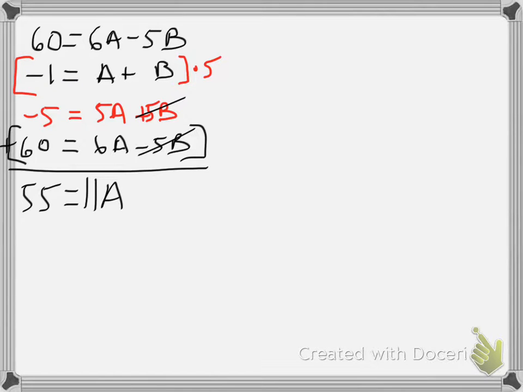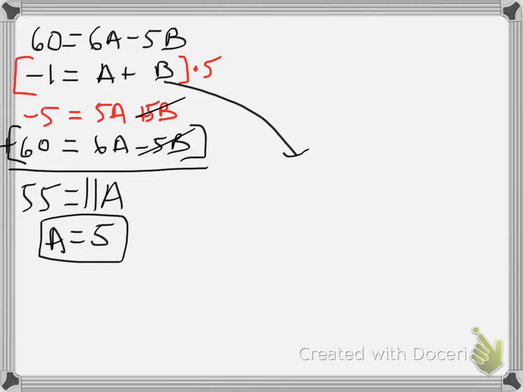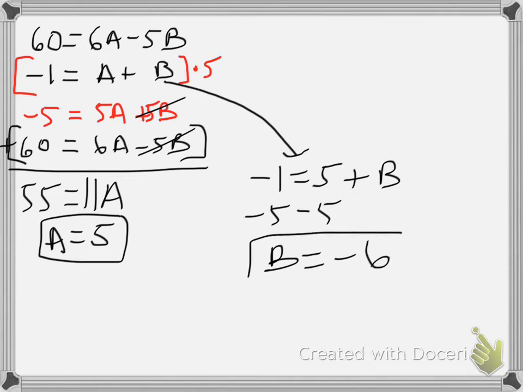So that means A equals 5. But let's use this equation here. If A equals 5, we got -1 equals 5 plus B. Then when you subtract 5 from both sides, you get B equals -6. So we have the problem done.